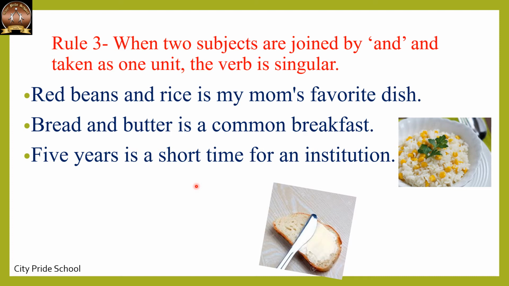So at that time we use the singular verb. Example: red beans and rice is my mom's favorite dish. So here, the favorite food dish is red beans and rice. We are considering red beans and rice as one dish. So red beans and rice is my mom's favorite dish.